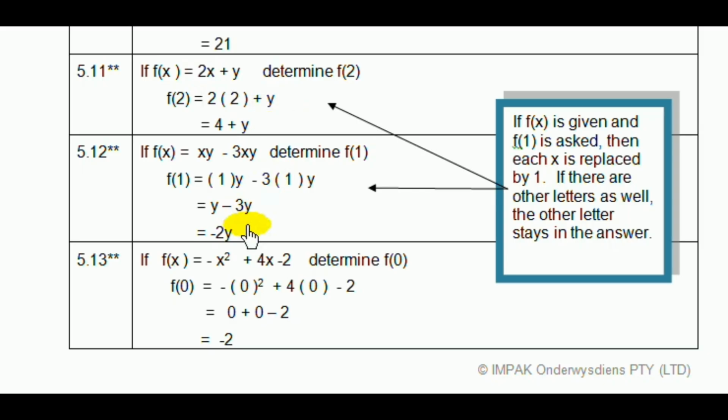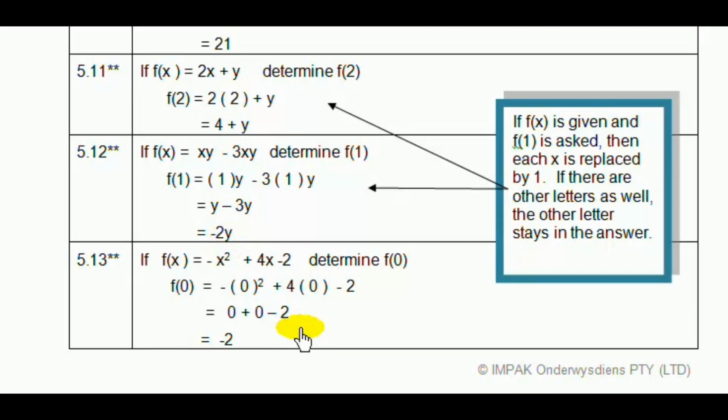Little more difficult is this one. We need to get f(1), but f(x) is given. So the x has got to be substituted with the 1, the y's must be left alone. So 1y there and a minus 3y there gives you minus 2y in your answer.